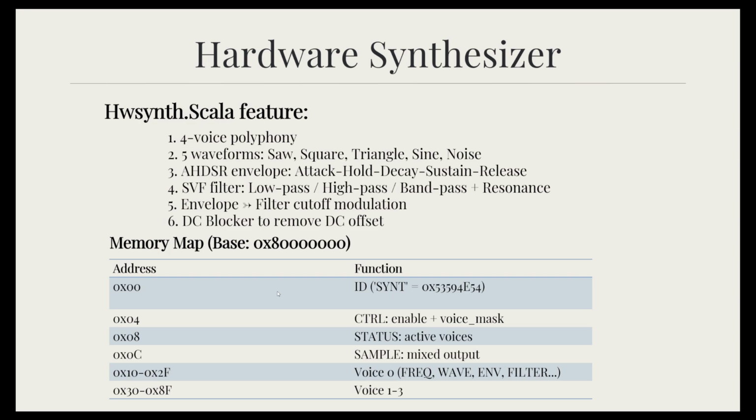The CPU can enable it, choose active voices, and read the mixed output sample, while each voice has its own settings like frequency, waveform, envelope, and filter. The key point is that the CPU mainly configures notes, and the hardware generates audio more efficiently than pure software.